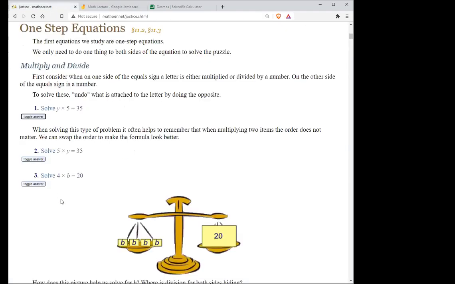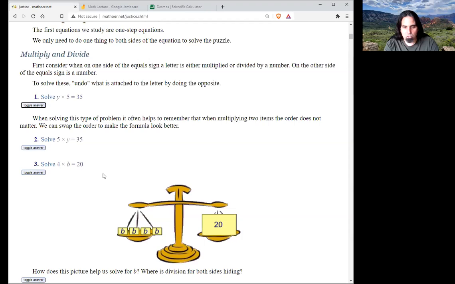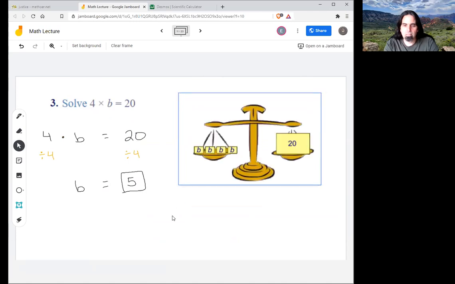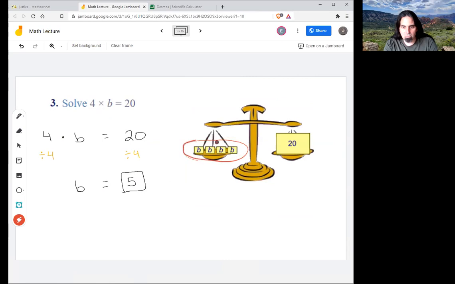So why is that working? Let's look at this picture. So this picture is saying 4 B's, right? 1, 2, 3, 4 of them. They weigh as much, they make the scale balance, they are equal to 20.